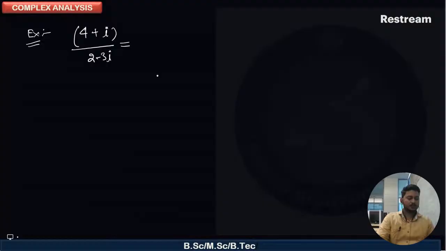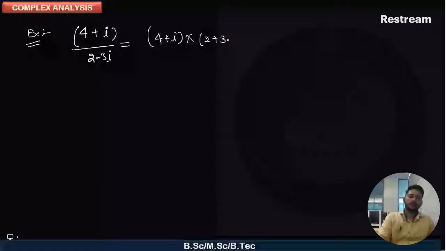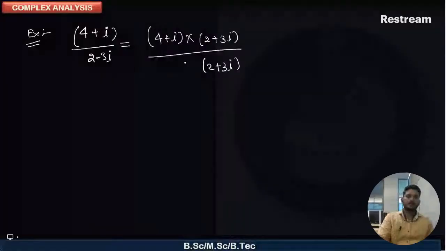Take the rationalization process: multiply 2 plus 3 iota in the numerator and denominator together.